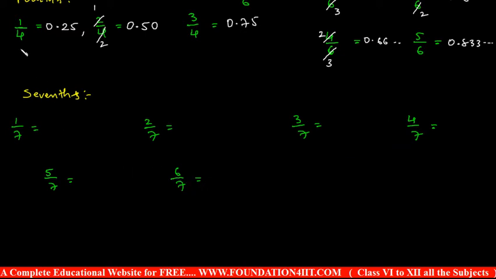Only 1 by 7 value is 0.142857, with a bar. That means 142857 repeats continuously, 142857, 142857, like this. This is the 1 by 7 value.